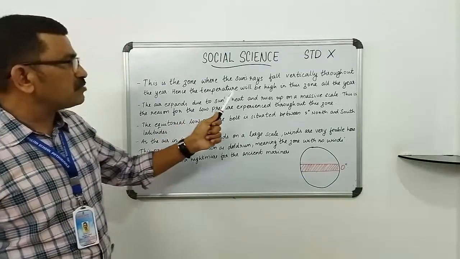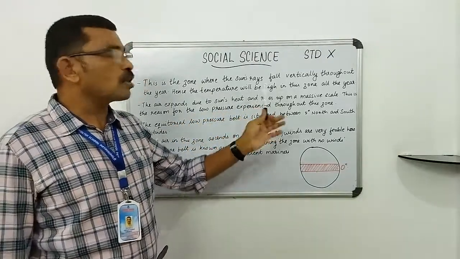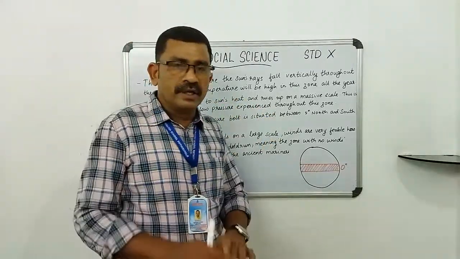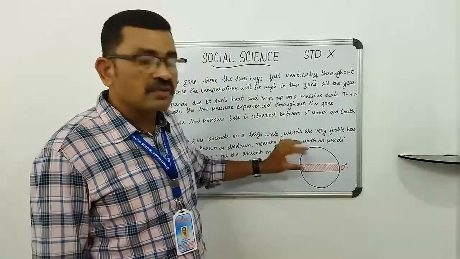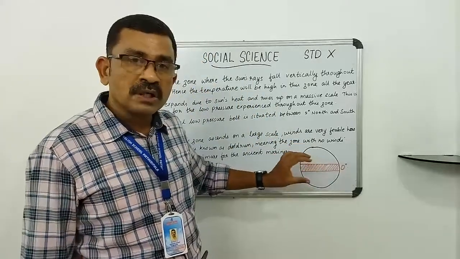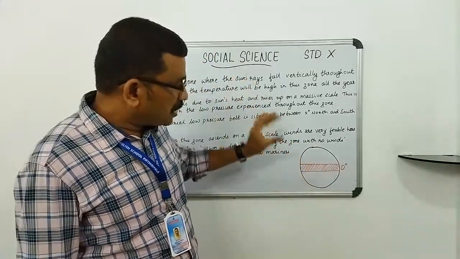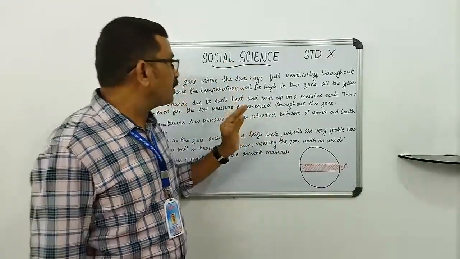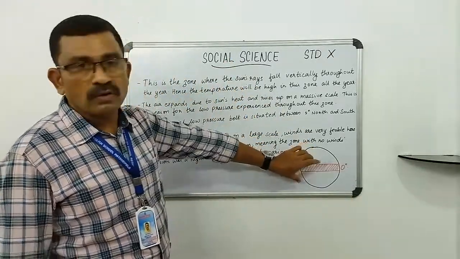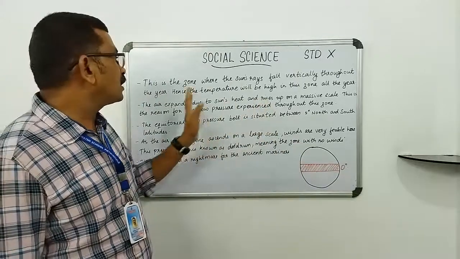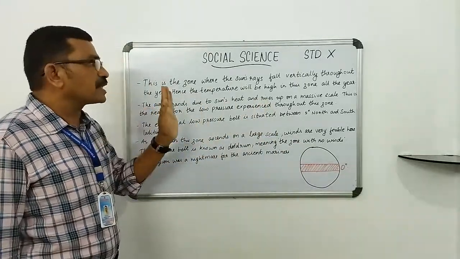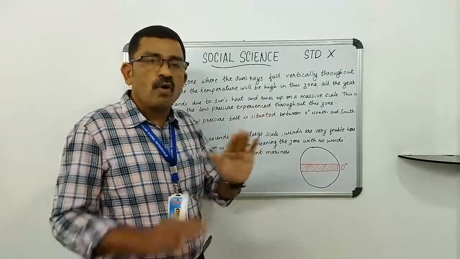Hence the temperature will be high in this zone all year, because the sun rises vertically over the equator throughout the year. That is why the temperature will be high in this zone all year.